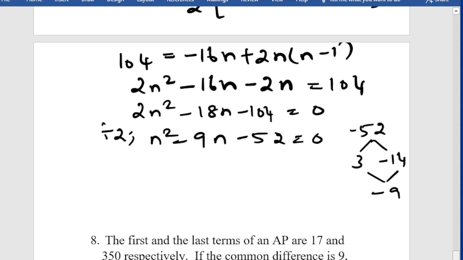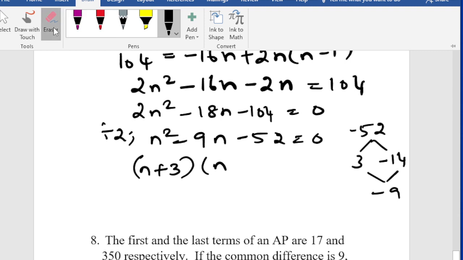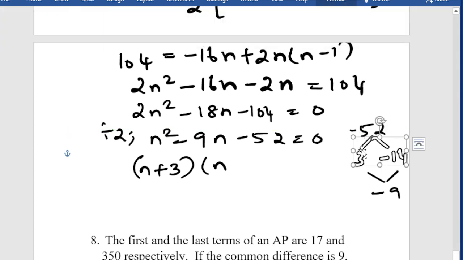So the factors are n plus 3, n... Here minus 52, we will have minus 13 times 4.